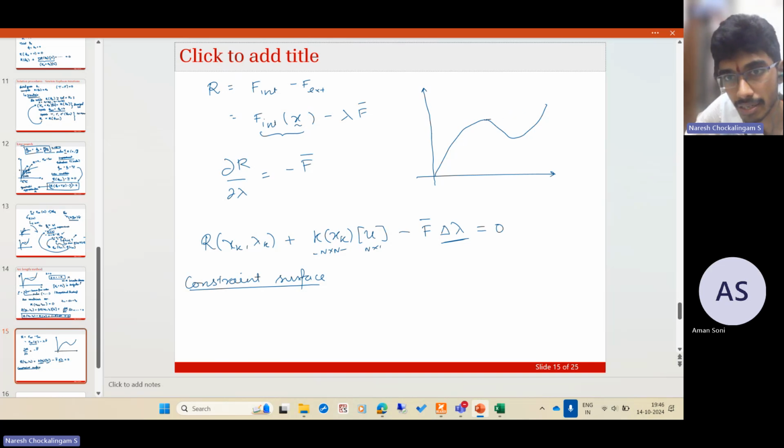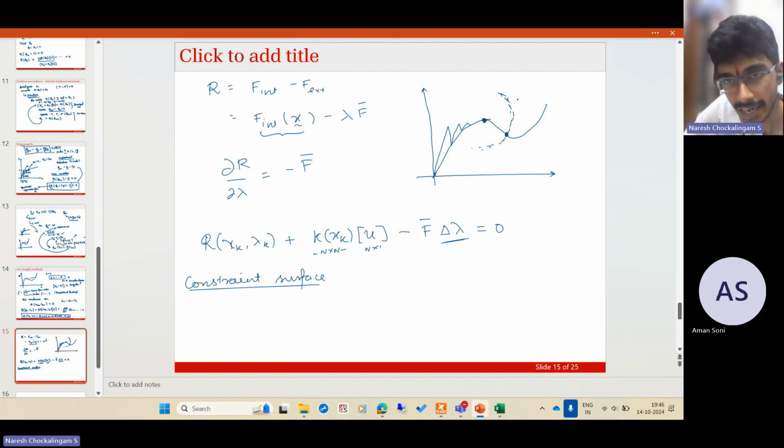Instead, what we can do is, if we get to this point, you construct a surface and see where the surface is intersecting this FT curve. So instead of going along the same curve, so initially we were going like this, instead of going along this curve, go along this constraint curve.